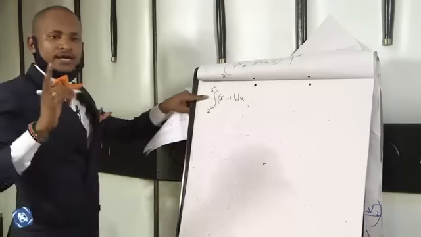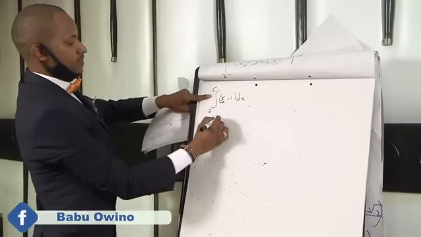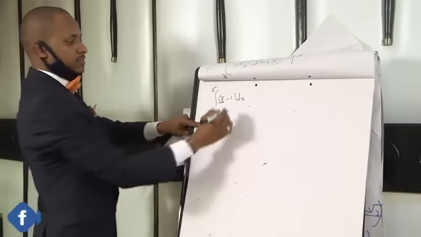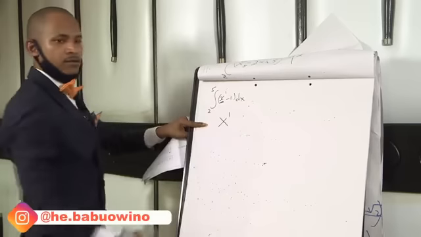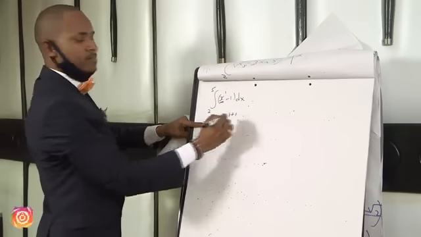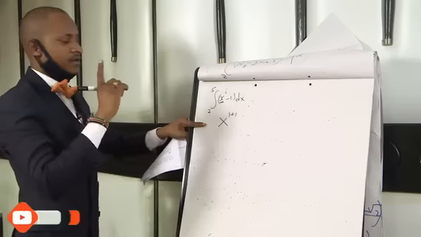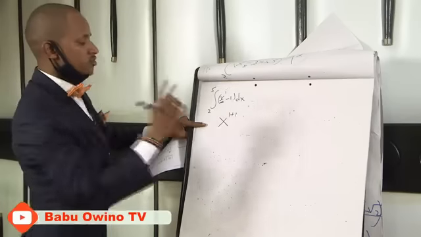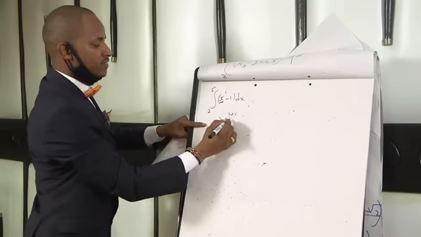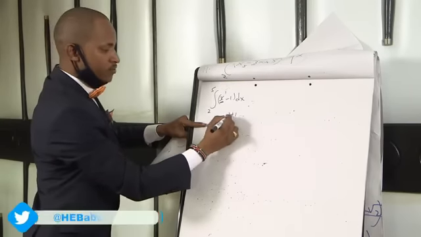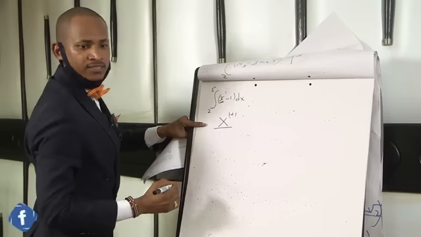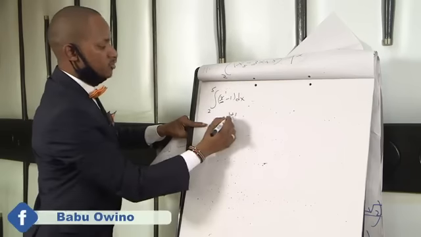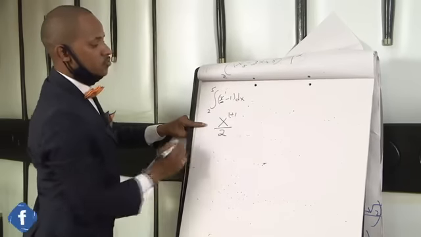So when you are integrating x, just write x, then x has a silent power of 1. Add 1 to it. Remember differentiation, we were subtracting 1. But integration, you add 1. Then what you get from the power, you divide with that answer that you get, with the summation of 1 plus 1, that is 2.